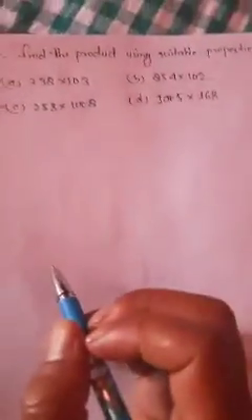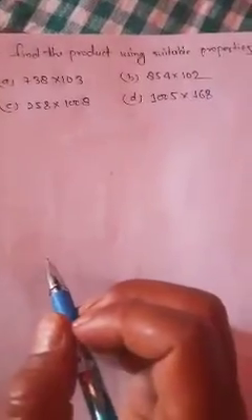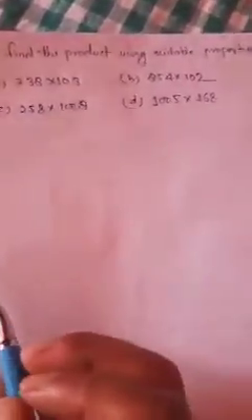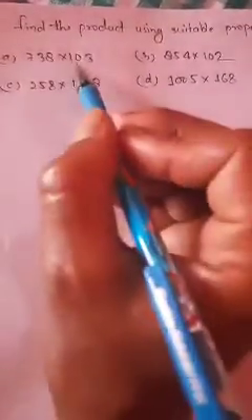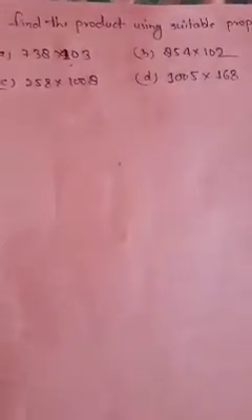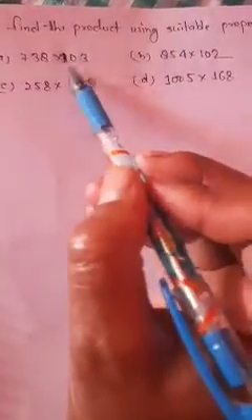Now student, question number 4. Find the product by suitable properties. The property that we will use is the distributive property. We have to break one of the numbers. The number which is near to 100, like 103, is closer to 100.